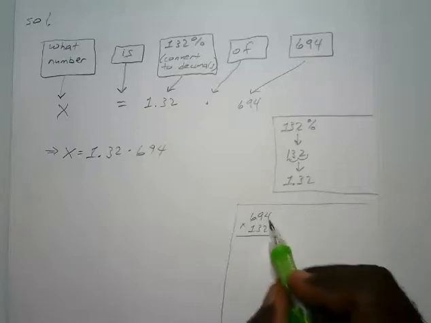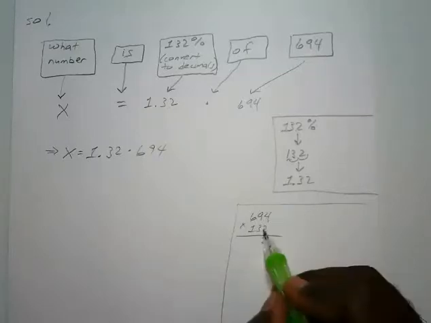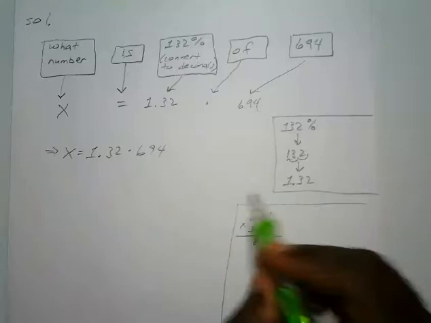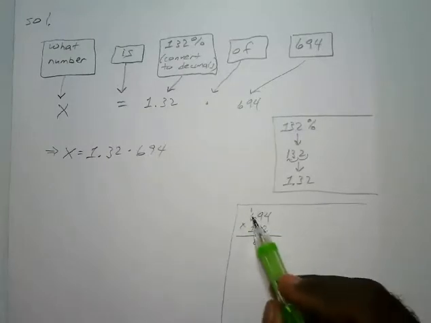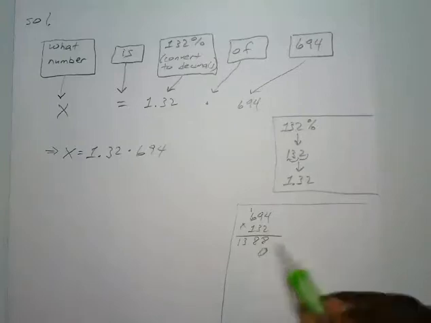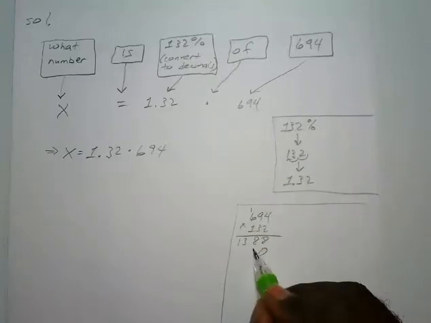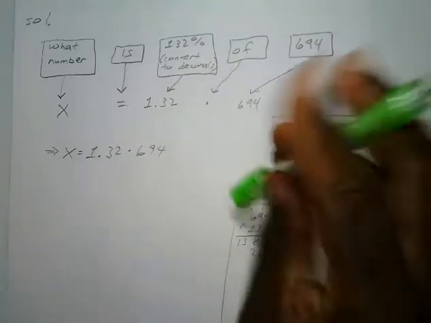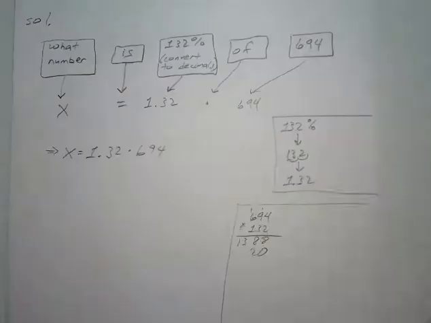Alright, so 2 times 4 is 8, 2 times 9 is 18, 6 times 2 is 12, plus 1 is 13, put a 0 there. 3 times 4 is 12, oh, let me erase those carryovers, there we go.